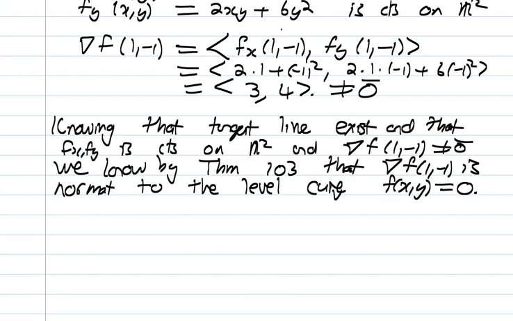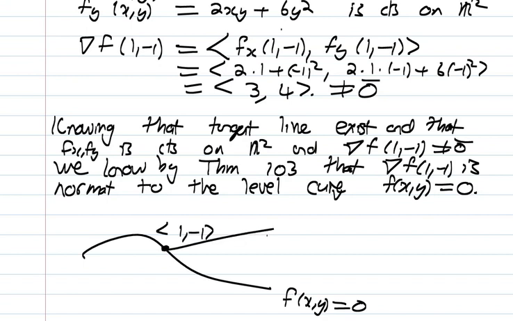Now it's sometimes good to draw a little picture. So let's draw a little picture. So here I have the level curve f(x, y) equals 0. It contains the point (1, -1). And we know that this vector grad f at the point (1, -1), which is the vector (3, 4), is perpendicular to the level curve. So what does that mean?